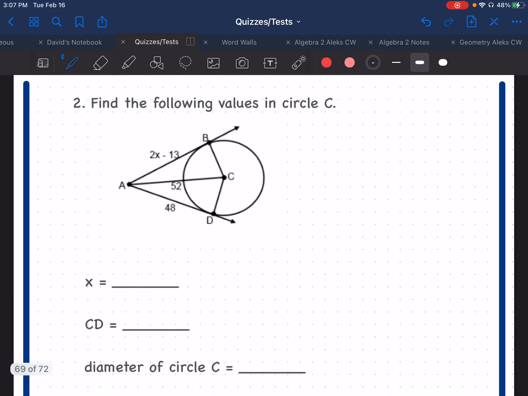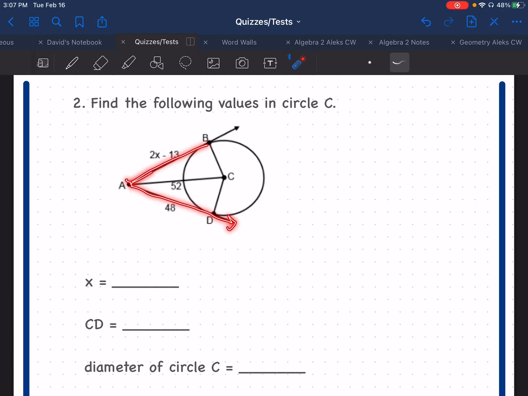So question number 2 is going to give you a picture like this, and it's going to ask you to solve some questions. So this one asks us to find the value of x. If you notice, there's x, and here is another tangent.